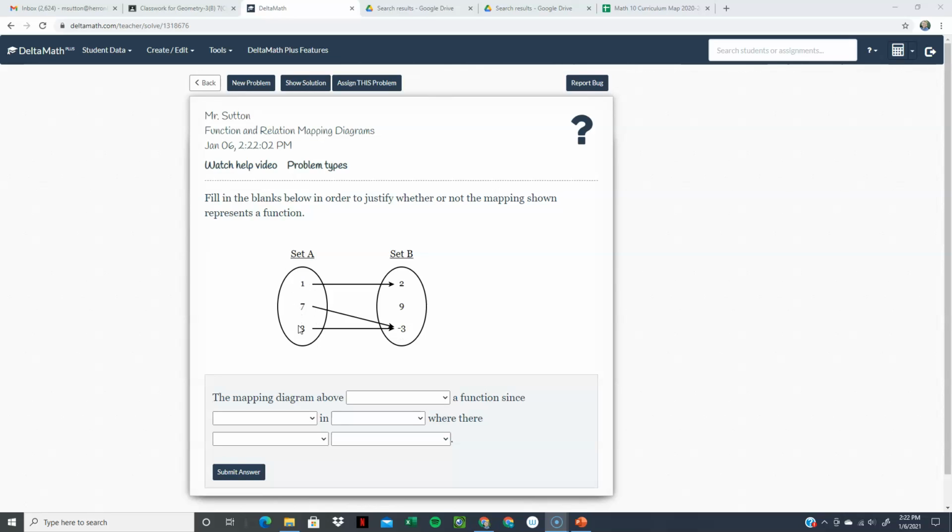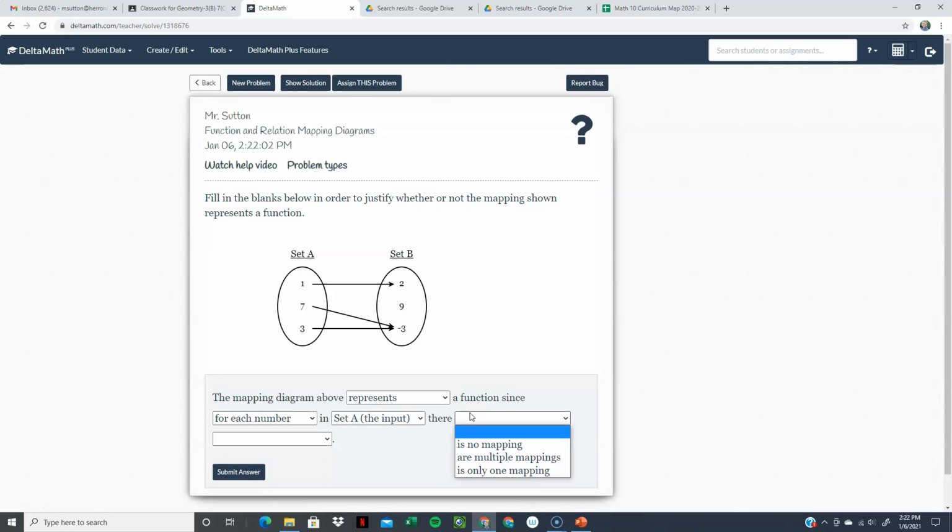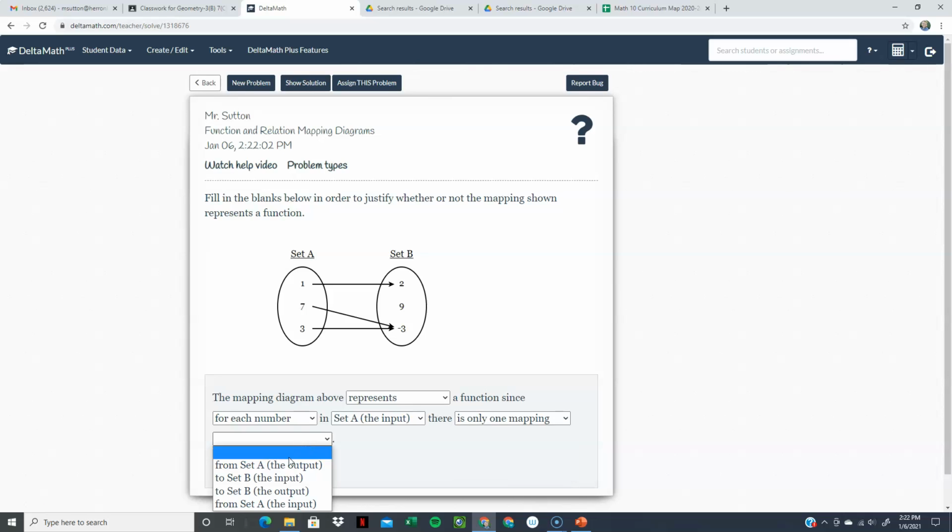So each one of these inputs, see how it has just a single arrow coming off of it? That means that this is a function. So the mapping diagram above represents a function since for each number in set A, the input, there is only one mapping to set B, the output.